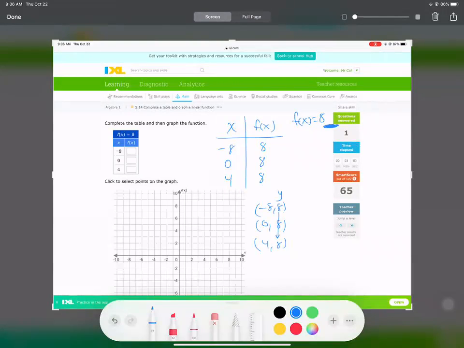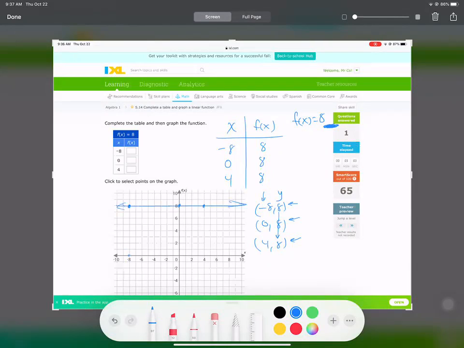This is like being in a multi-floor building. I'm on the 8th floor, I'm on the 8th floor, I'm on the 8th floor. I might be walking around, but I'm still on the 8th floor. So negative 8, 8 is right there, 0, 8, and 4, 8. Turns out this is a horizontal line.